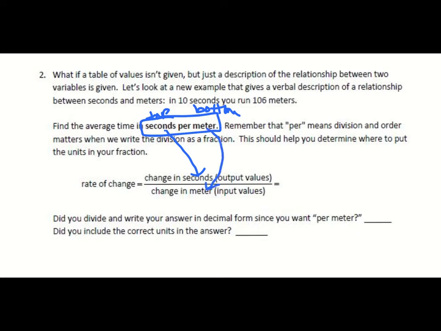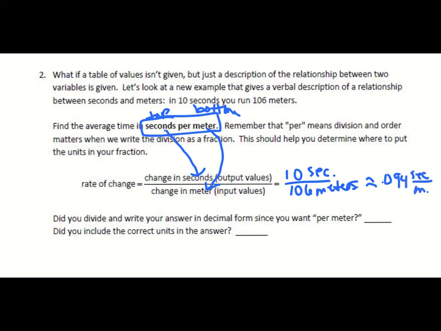So you basically had your 10 seconds. You would think, oh, I'll put the bigger number on top and the smaller number second. But you're putting 10 seconds on top, 106 meters on bottom, because I want seconds per meter. And that gives you about 0.094 seconds per meter.